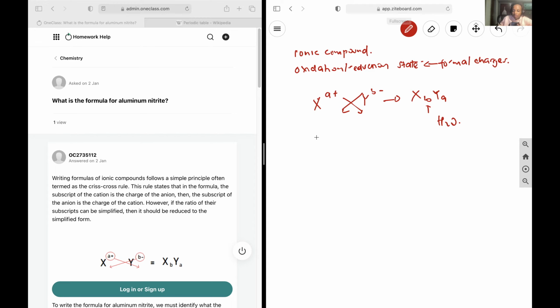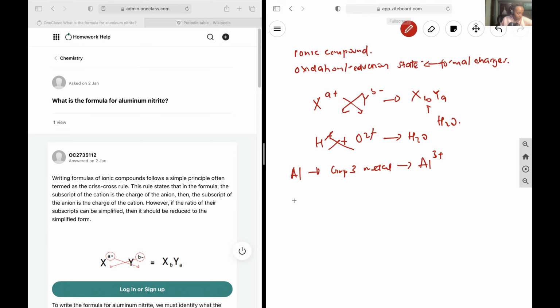So for H2O, we have H that has a plus, and O, which has 2 minus. So when you crisscross them, it becomes H2O. The two charges cancel because positive and negative, and that's it. And so for aluminum, we know that it is in group 3, so group 3 metal, which means that its charge will look like that.